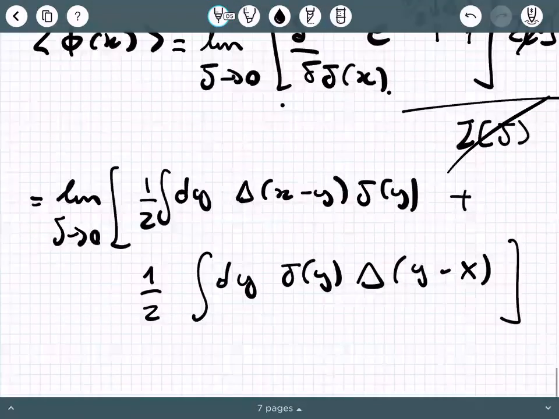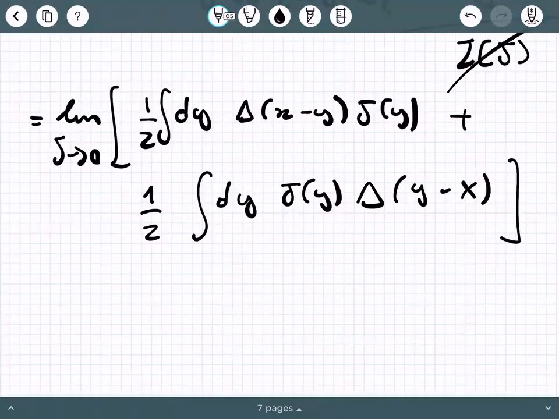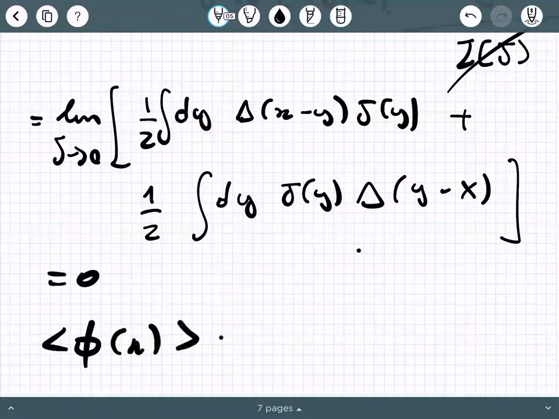But I have to take the limit in which j goes to 0, right? And what is this limit? Zero. So there is no expectation value of a field in a quadratic theory by symmetry, if you want.